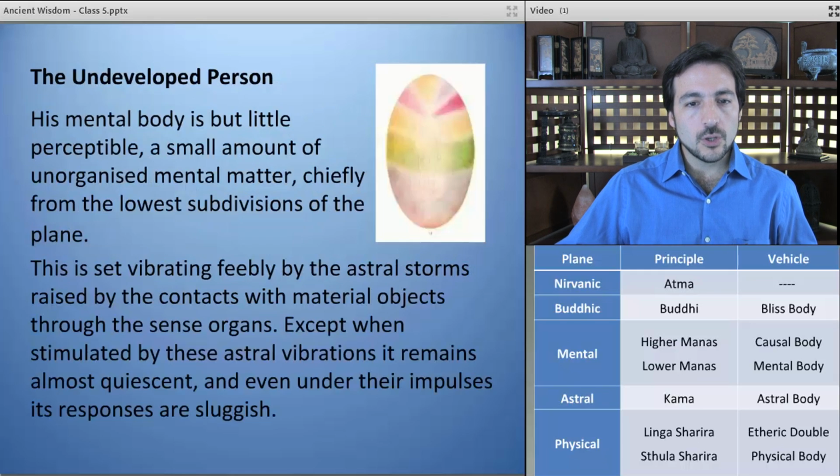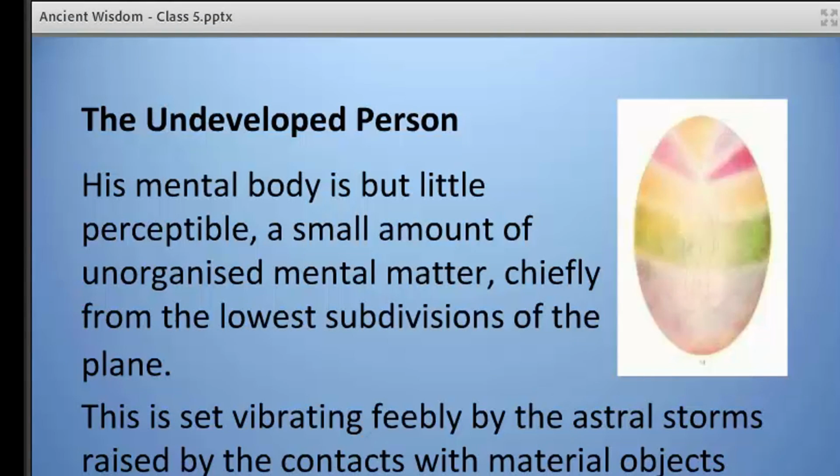Before we go on, let me show the image, I didn't mention anything about this, but as you see, the mental body there is not very bright. See, the lower part is quite, the colors are pale and muddy, and this is the result of mental matter that is not active, that is not really organized.